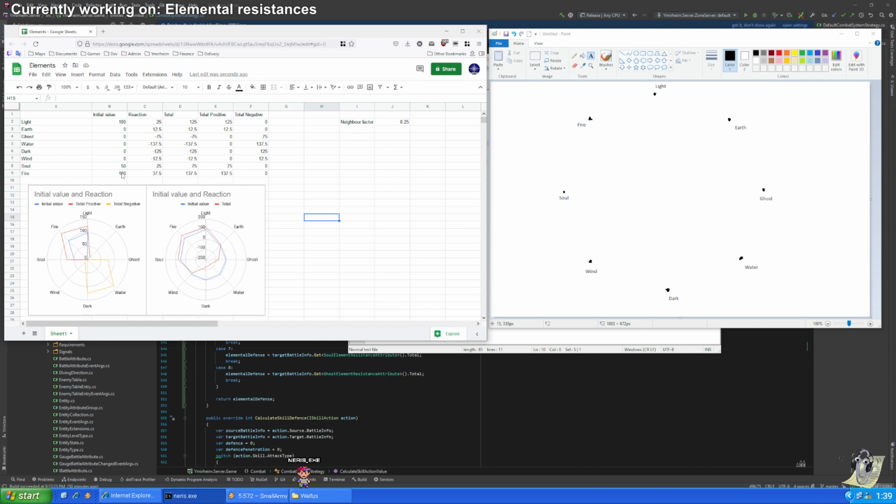Okay, so this looks good. Let's increase this one by 50. Okay, this looks good. Now let's add a few other 50s. So fire is 100. Then light, earth, gust, and soul is 50.